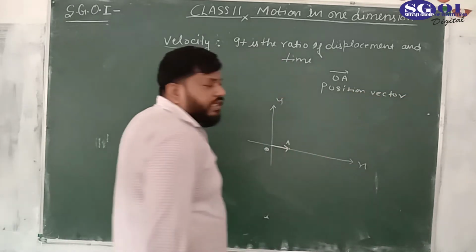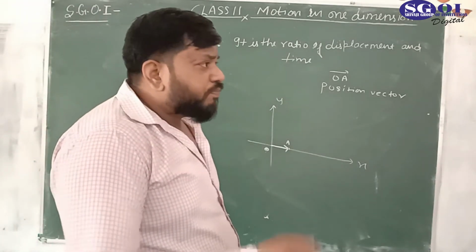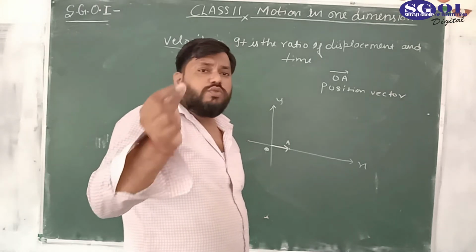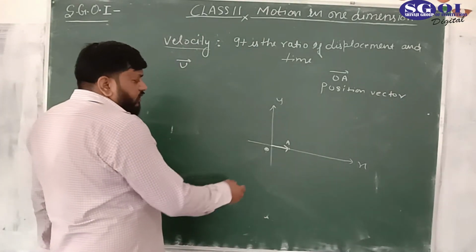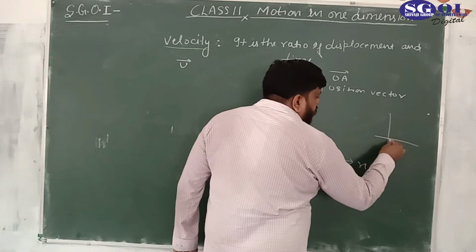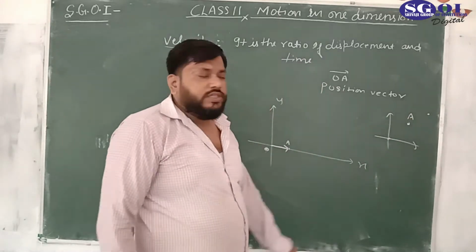What is a position vector? Position vector is the vector joining the origin to the particular position of the object by the arrow sign. Suppose the object is initially at this position.